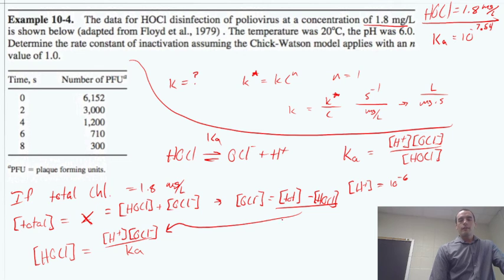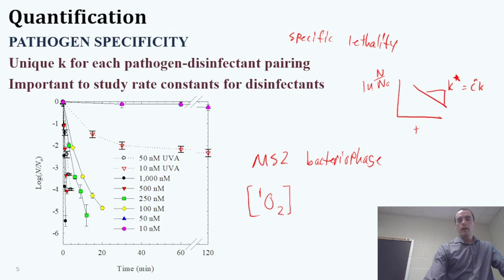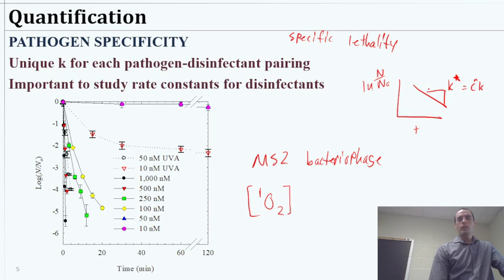So that's going to give us essentially a plot of number versus time. Now, if you think back a moment, I sketched this out and I should have spent a little more time on it. What I had just showed you was a plot of the log of n over n naught, and I mentioned that the natural log of n over n naught versus time, that slope gives us the k.